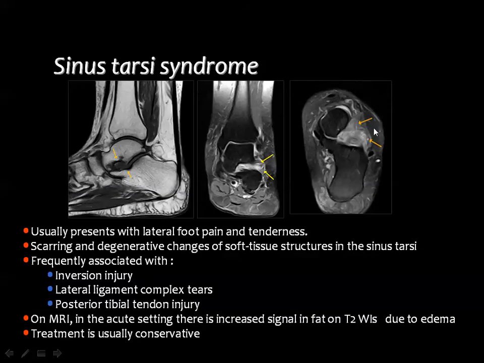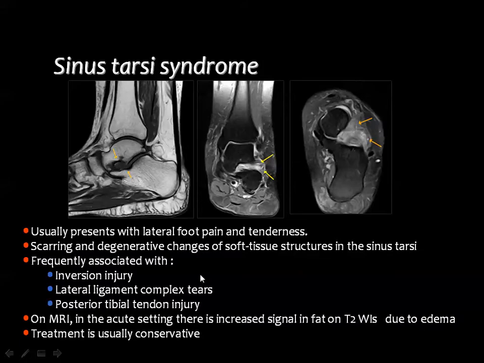And this is the site of the sinus tarsi in the axial image between the talus and the calcaneus. And here in the T1 you see black signal, in the T2 you see bright signal, meaning that the fat is replaced by fluid.